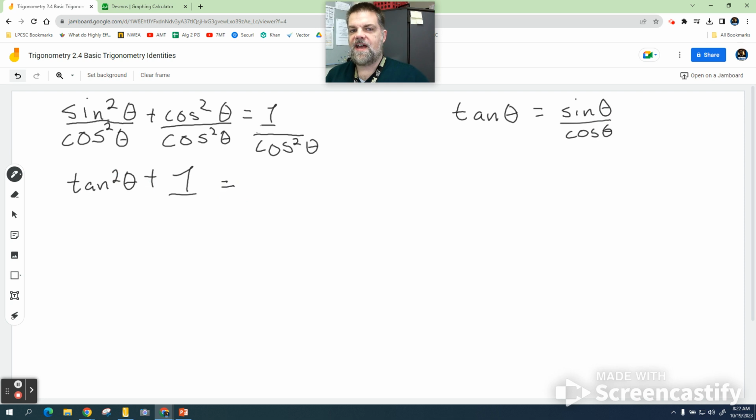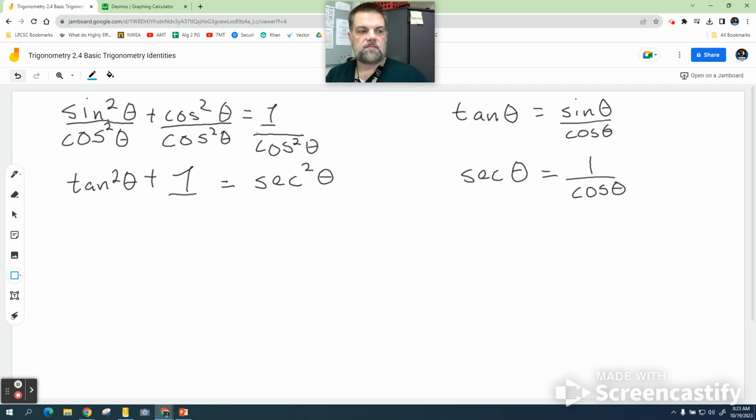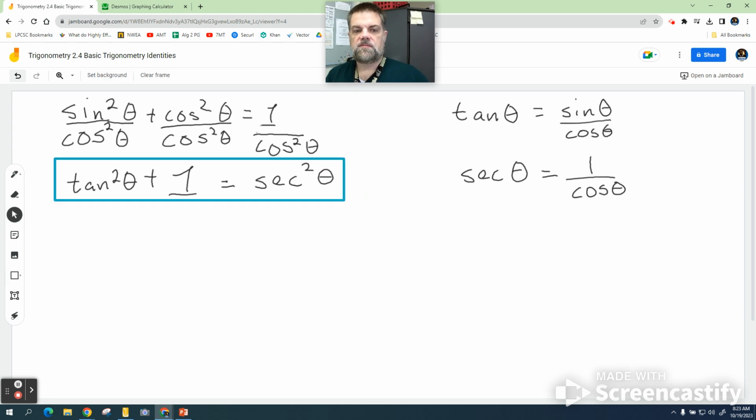Well, we said that secant of theta is equal to 1 over cosine, didn't we? They're reciprocals, right? So then this one becomes secant squared. That's the second Pythagorean identity.